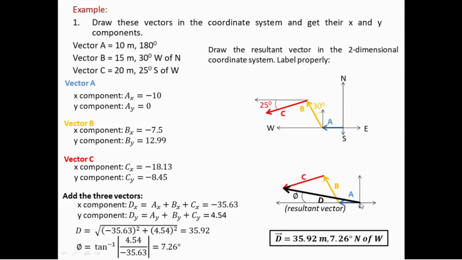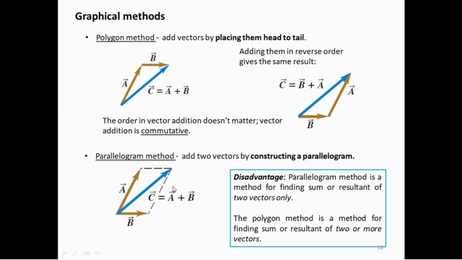As you can notice, this is the tail and this is the head of vector A. From the head of vector A, you draw the tail of vector B, and then this is the head of vector B, and from the head of vector B, you draw the tail of vector C, and from the head of vector C, all you have to do is connect the tail of the first vector towards the head of the last vector. So this is a polygon method. But in case of the parallelogram method, you can only add two vectors because you have to construct a parallelogram.